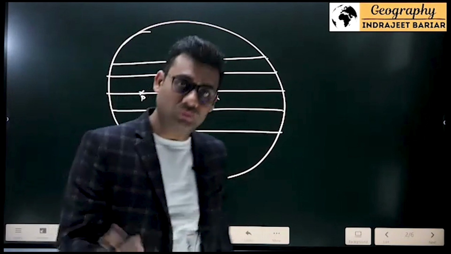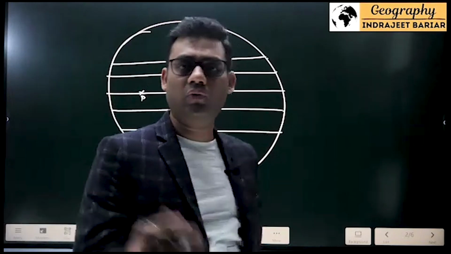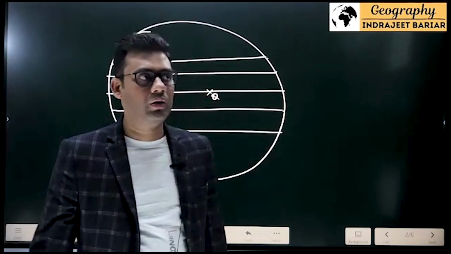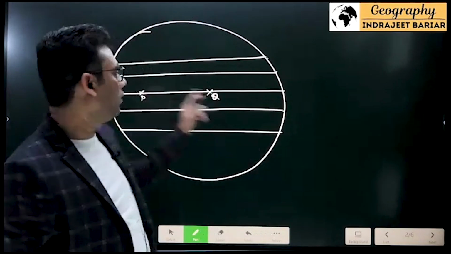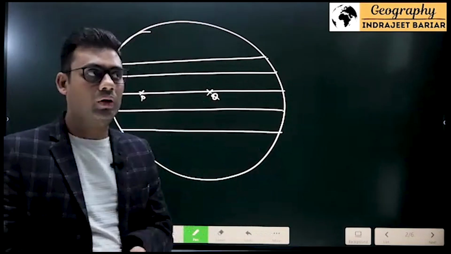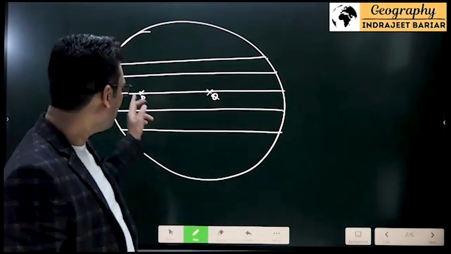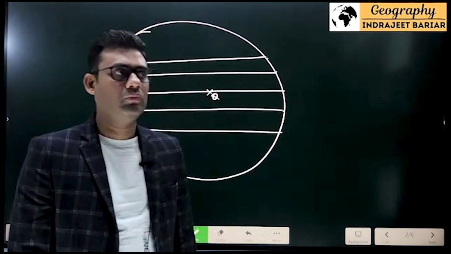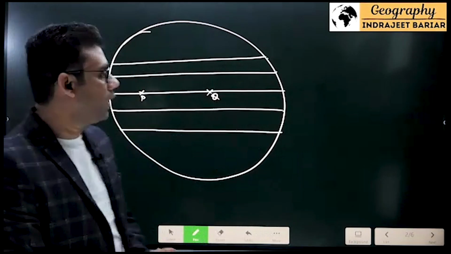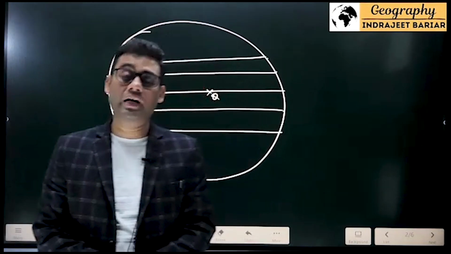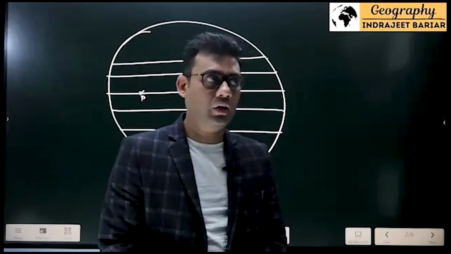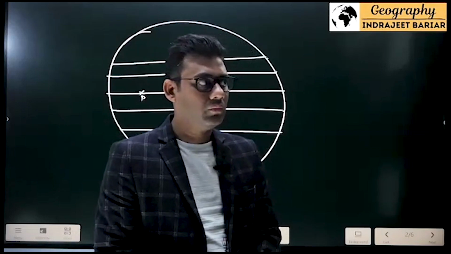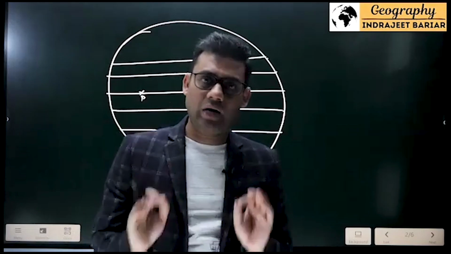And even so, I have negated the impact of altitude. Now we have reduced every place to mean sea level, so there is no question of P and Q being at different height. If that is not the case, I should get the temperature at P and Q to be same. That is where the idea comes that isotherms should ideally be latitudinal. So the ideal case of isotherm is a latitudinal pattern.